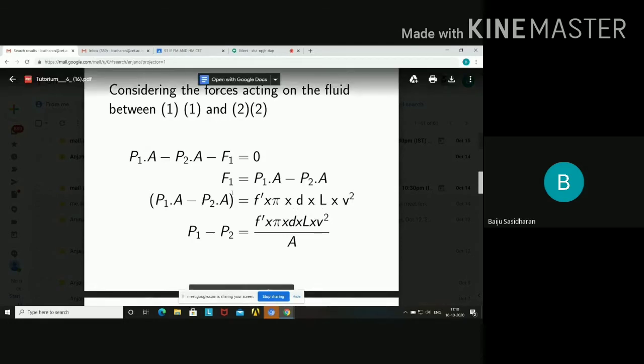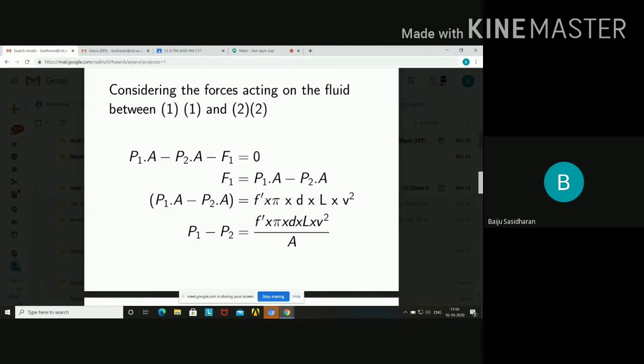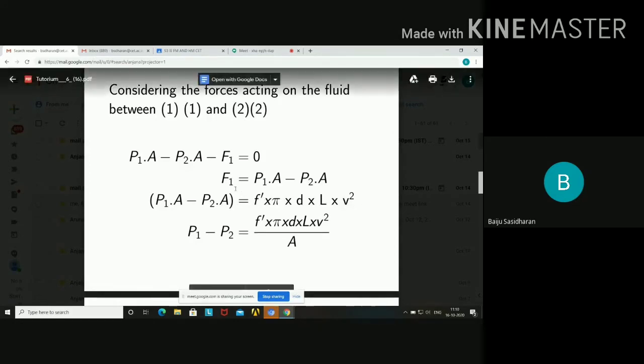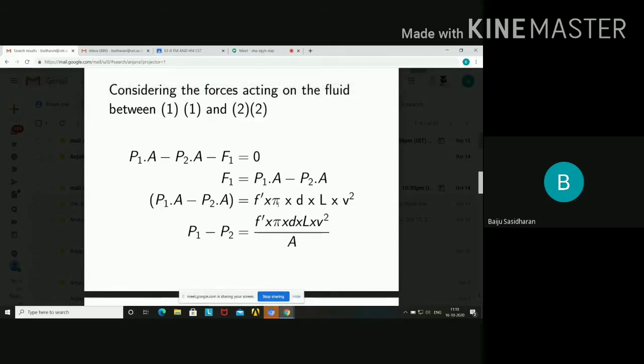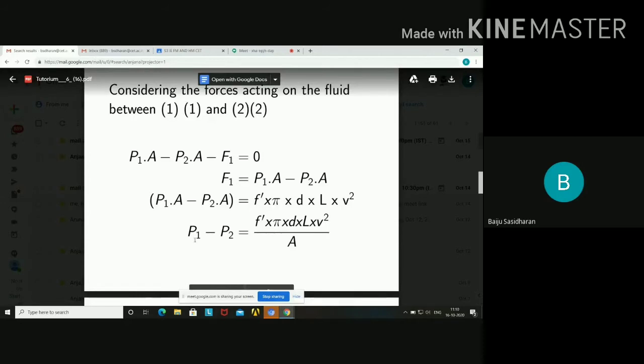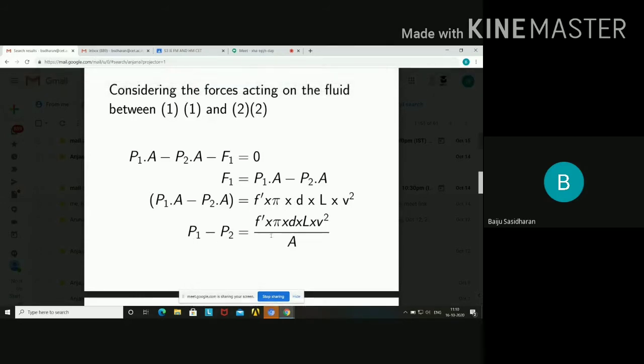That is, F1 is proportional to the frictional resistance per unit wetted area into the wetted area into V raised to n. Here it is V square. Therefore, this F1 is replaced by F dash into pi d into L into V square. So, from this, we have the relation P1 minus P2 is equal to F dash into pi d L V square divided by A.